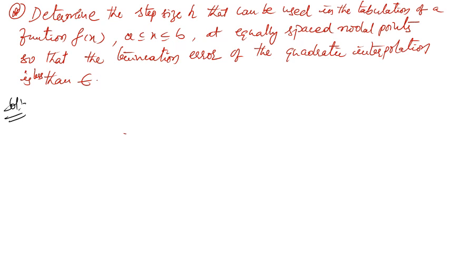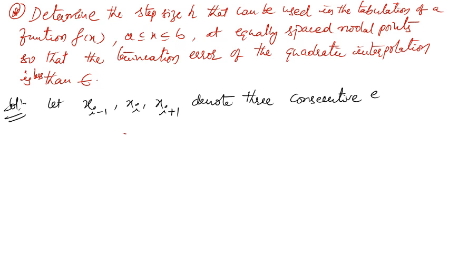First, let us consider quadratic interpolation. It means we need how many points? 3 points. To get a second degree polynomial, we require 3 points. So let me decide the first 3 points. Let xi minus 1, xi, xi plus 1 denote 3 consecutive equispaced points with step size h.